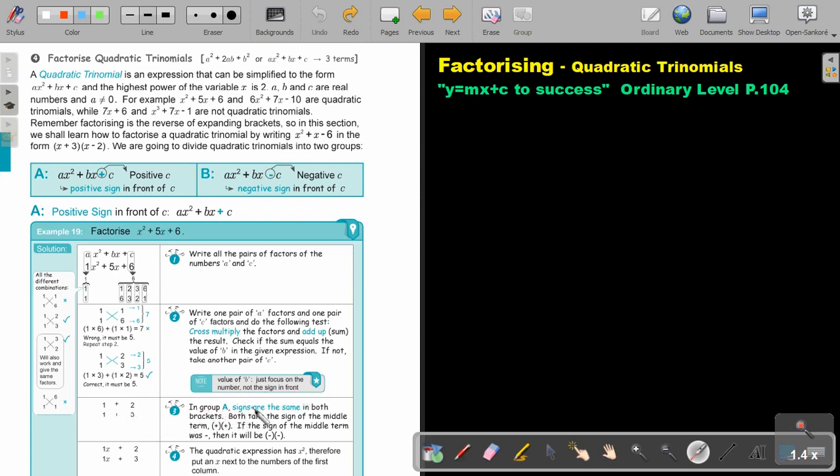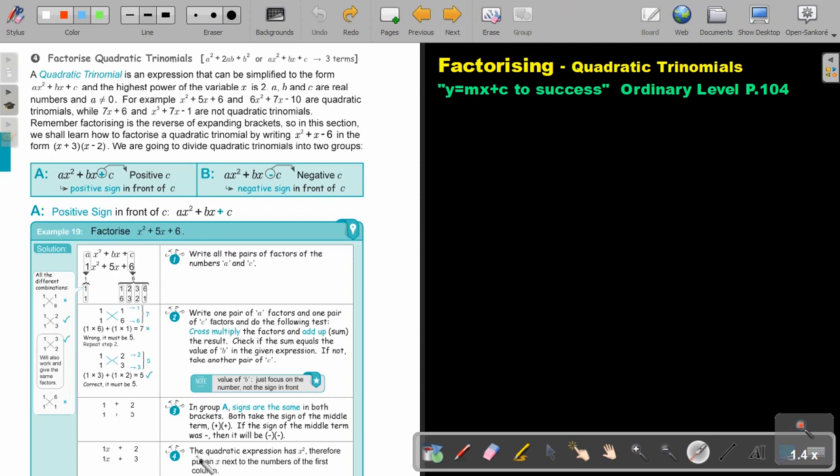In group A, the signs will always be the same in both brackets, and both take the sign of the middle term. Now what is the middle term? This is the middle term. What is the sign? Positive. So both will be positive, or if there stood negative 5, then it would have been negative, negative.